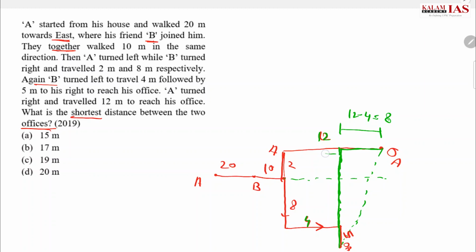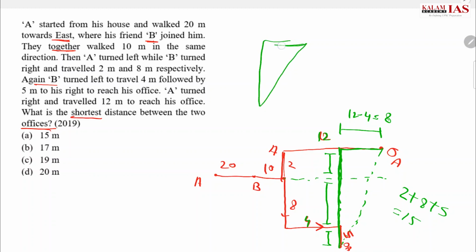And this distance is 2, this distance is 8, and this distance is 5. So total distance will be 2 plus 8 plus 5, that is 15. So this is a right angle triangle. The base length is 8 and the height is 15.